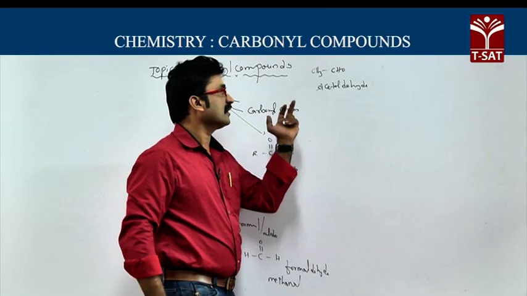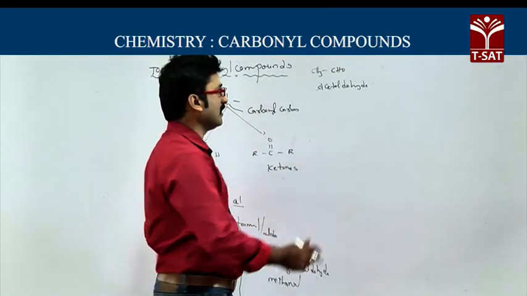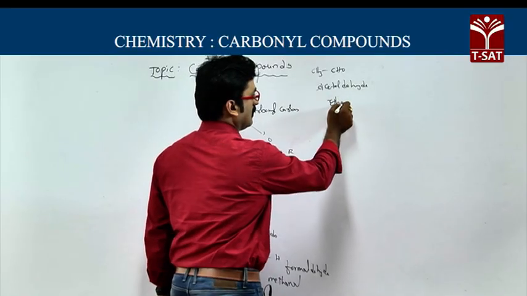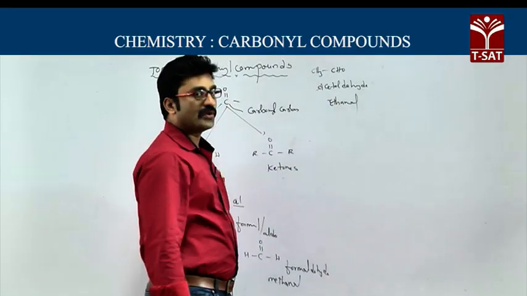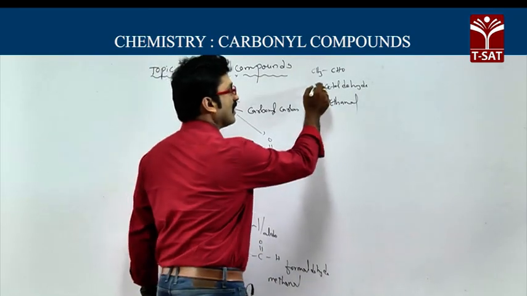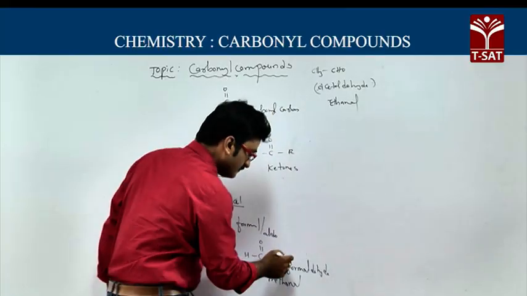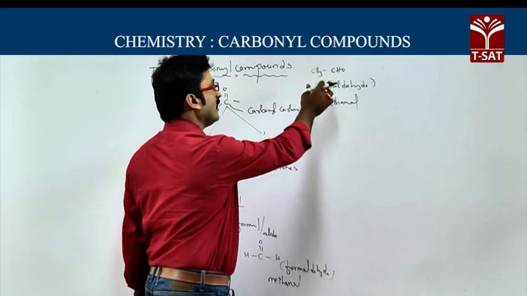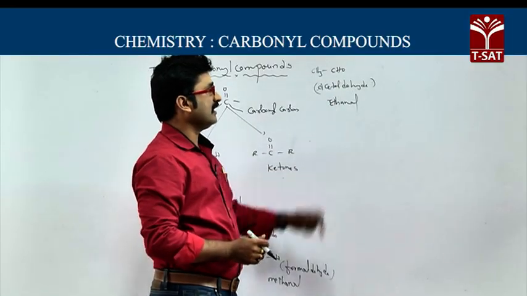How many carbons are there? Only two carbons are there. So the root word is eth, and ethanal is the IUPAC name of acetaldehyde. I am writing the common name in brackets, and this is the IUPAC name.